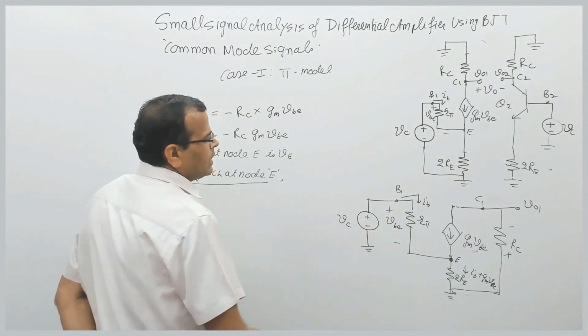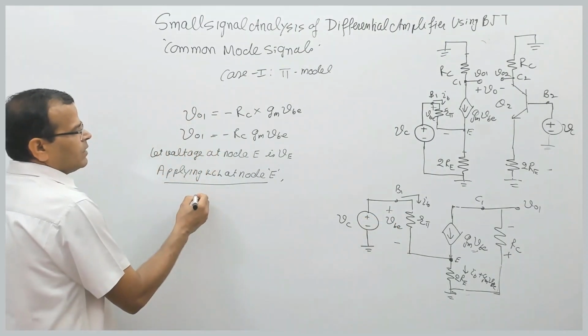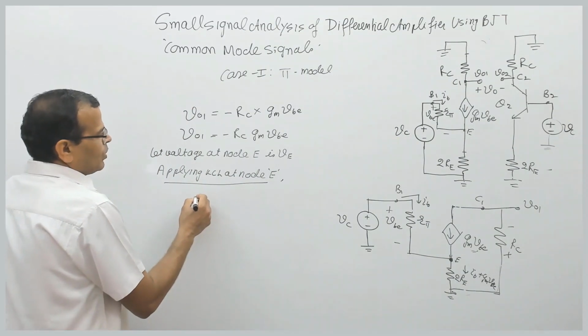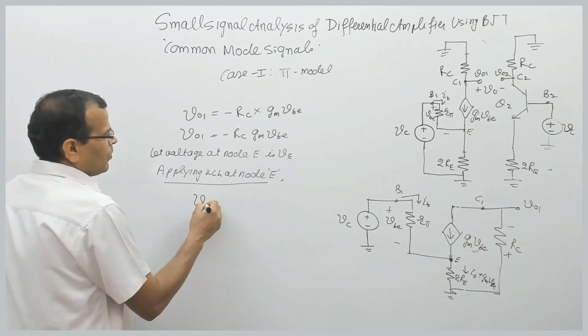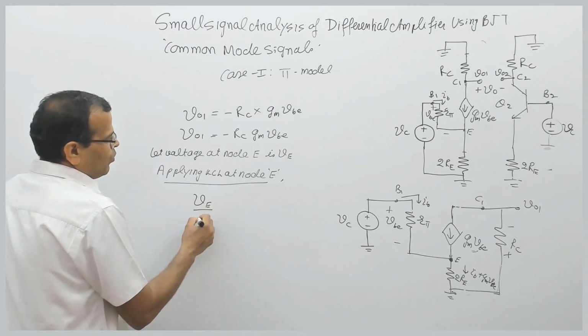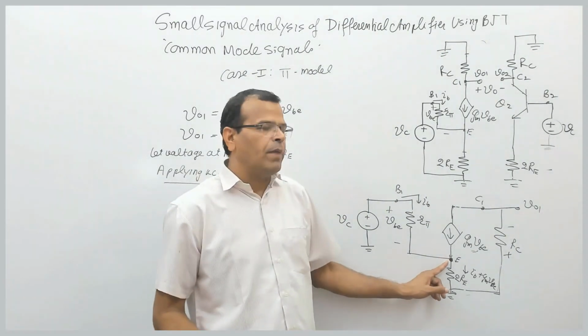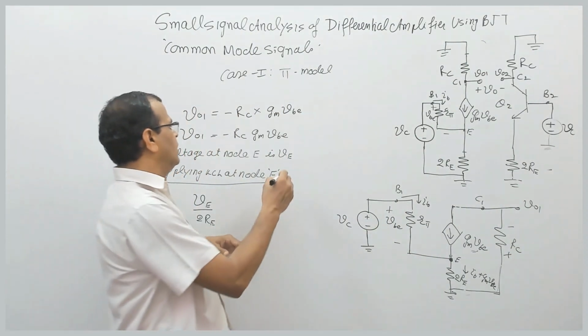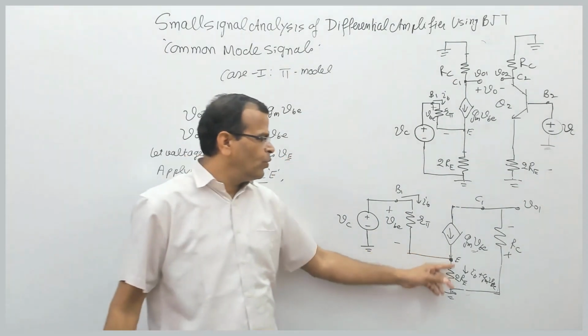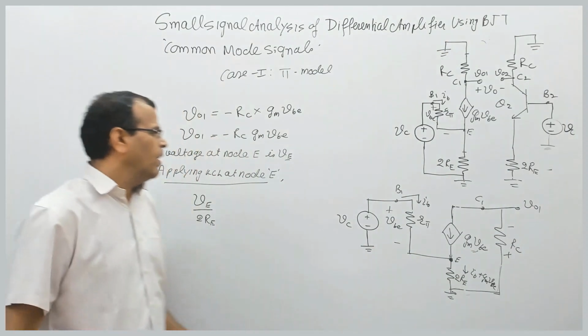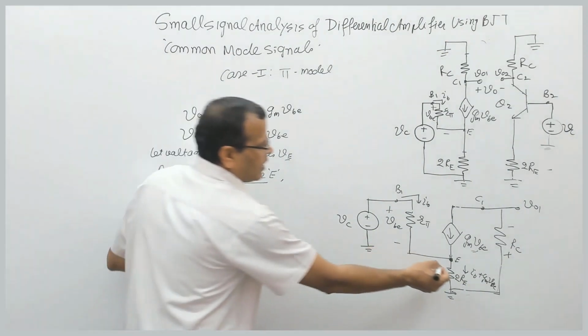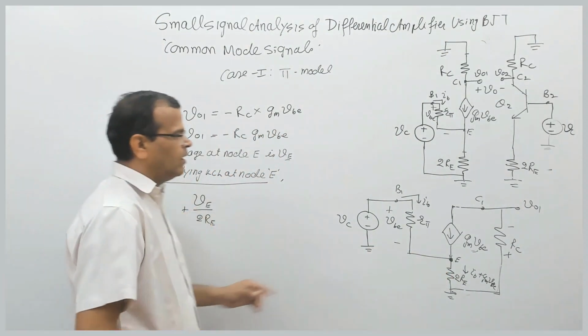Assuming the voltage at this node is VE, VE upon 2RE is the current in this branch.